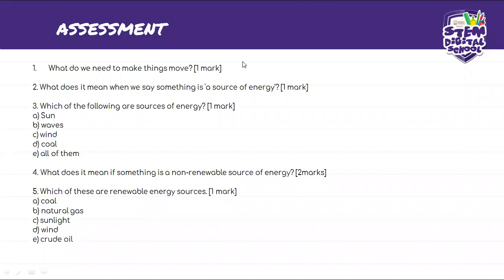Okay, guys, let's be fast and then we move to the next. So number one, it says, what do we need to take to make things move? Which of the following are sources of energy? What does it mean if something is non-renewable?